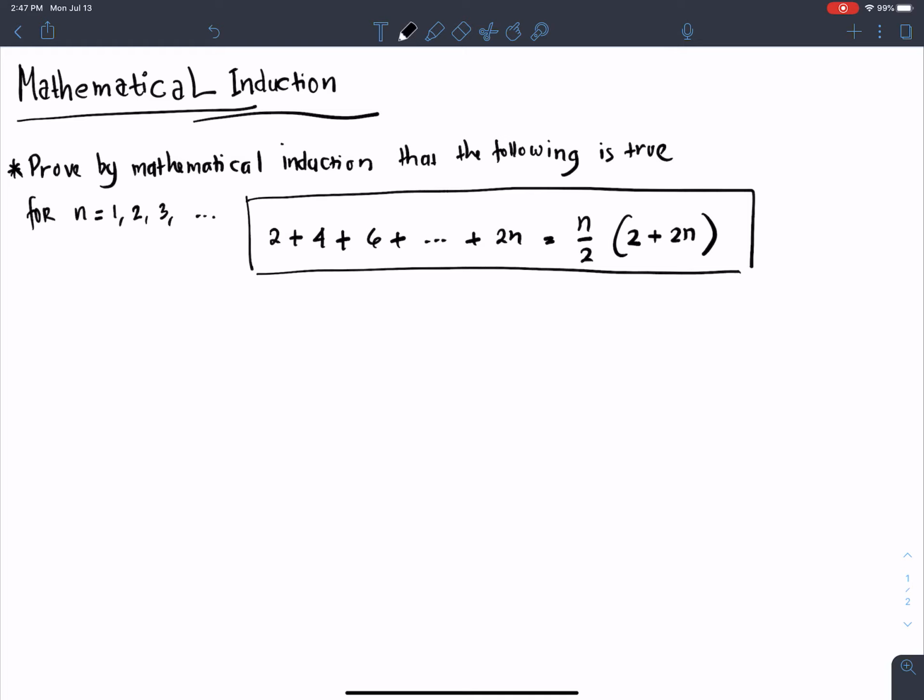Some of you might have already seen that, but some others possibly not yet. But it's good for you to know, especially to prepare you to take the final examinations later in August. Okay, so the title for today is mathematical induction.